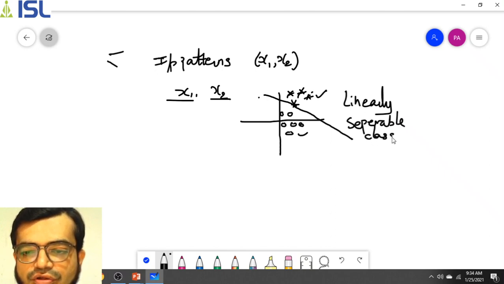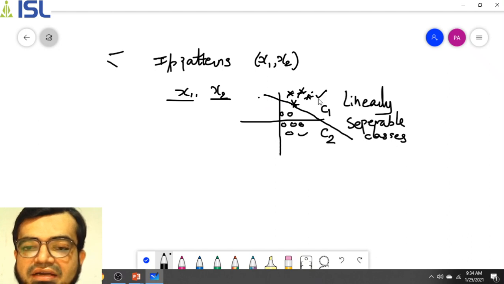You can term this class C1, and this C2. Now C1 and C2 are linearly separable because this line can exactly divide them into two parts, and one side contains only the patterns of C1, and the other side contains only the patterns of C2. That's why I denoted one pattern in this format, and the other pattern I have taken as a circle.